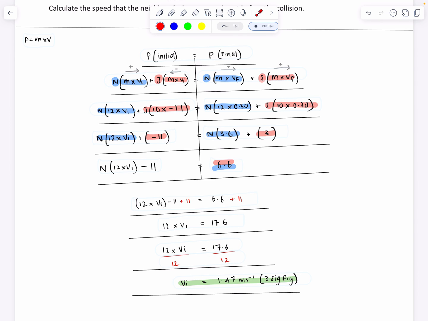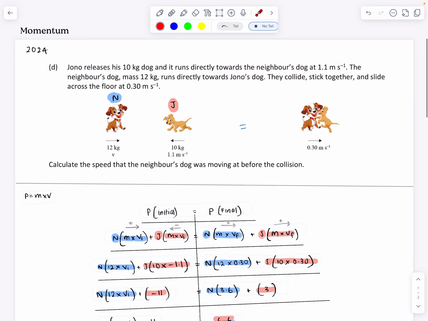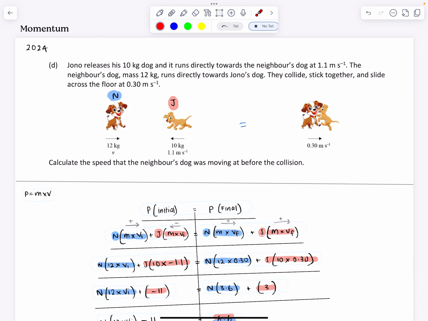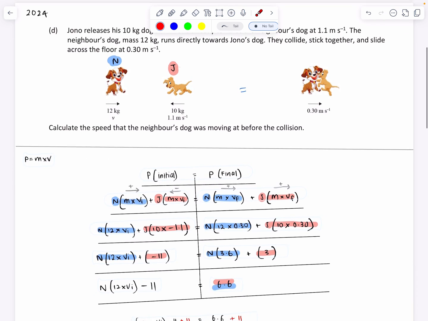So finally, now that I've got rid of times 12 on this side, I'm left with VI equals 17.6 divided by 12, which is 1.47 meters per second, to 3 significant figures. And that is how we solve and calculate the speed of the neighbor's dog before the collision.